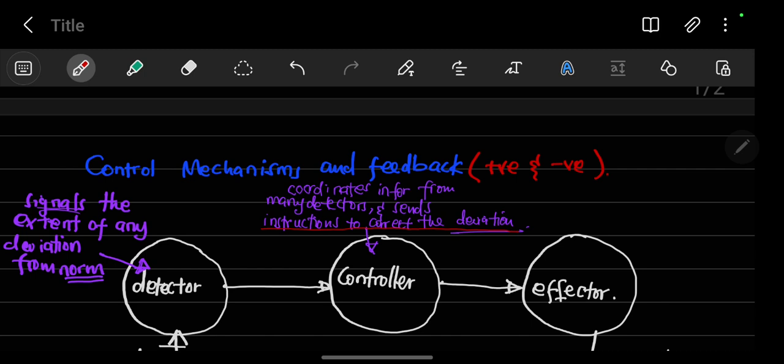Then the effector. What the effector does is, this one is going to bring about the necessary change needed to return to norm.